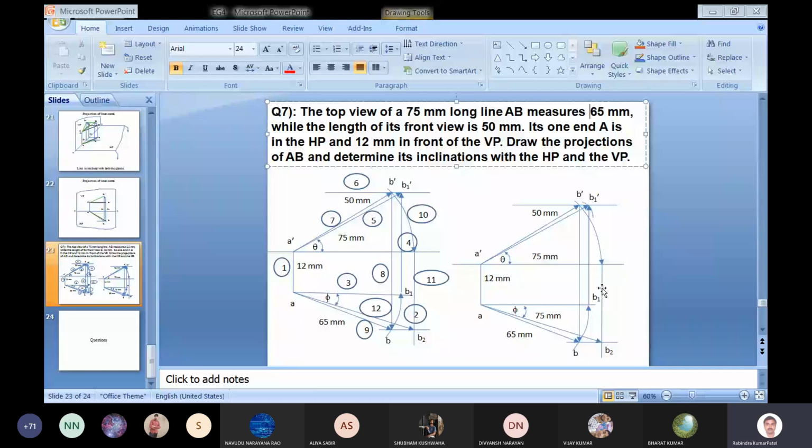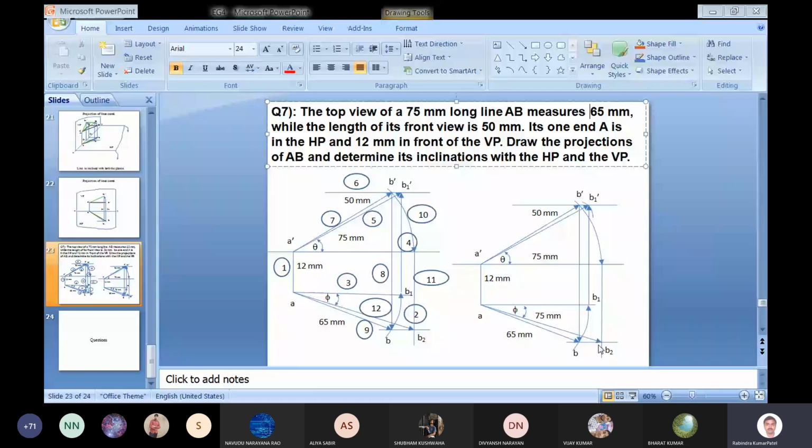And again, we can draw an arc of radius 75 millimeters, and we will have the intersection of this arc here. So the intersection of this arc and this line will give another point, B2. So still the work is not complete.